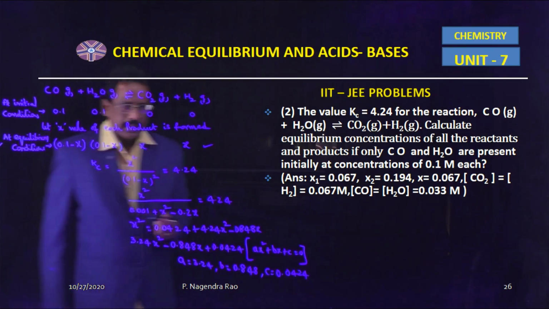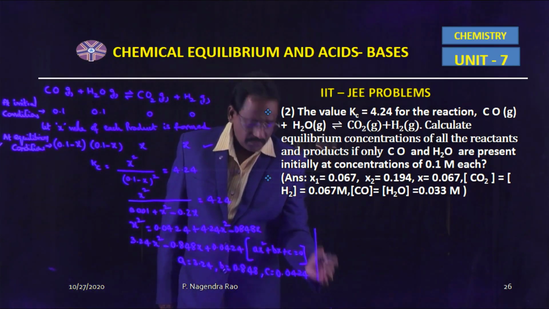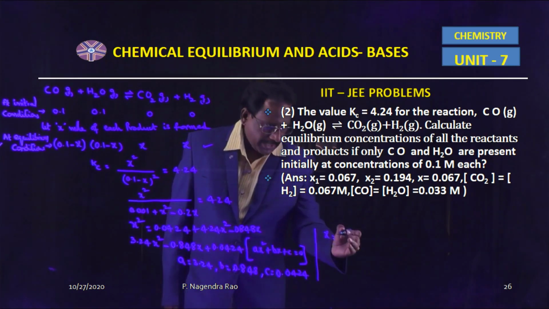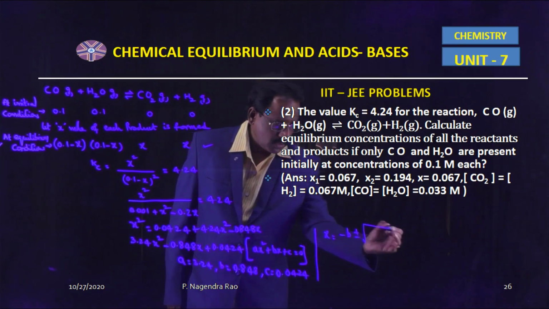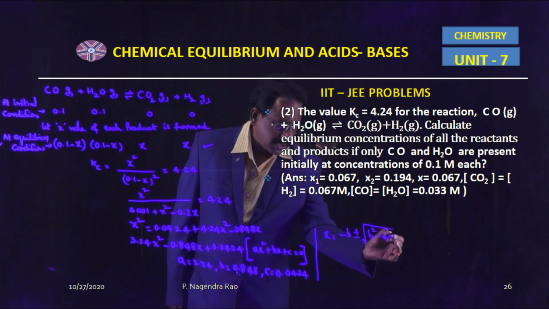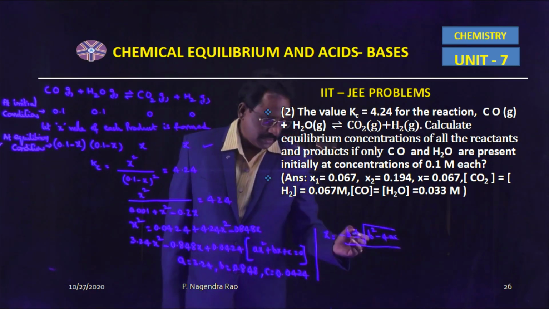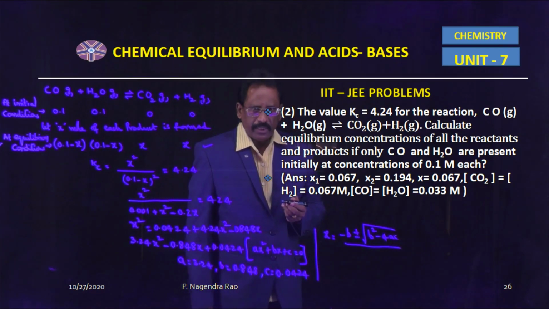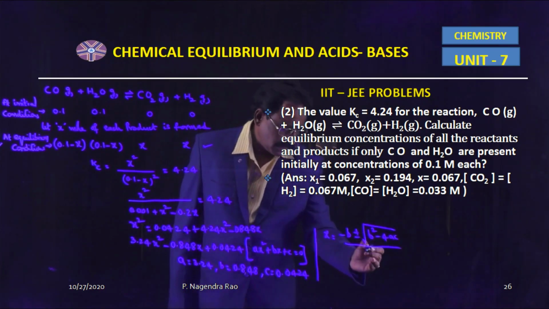Now the value of x is equal to minus b plus or minus root of b square minus 4ac, divided by 2a.